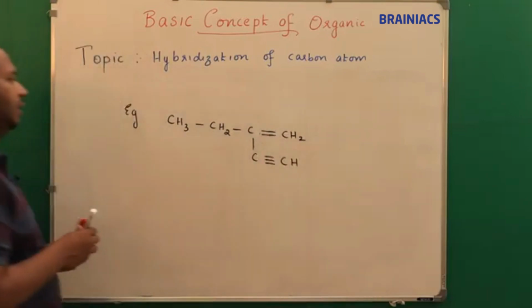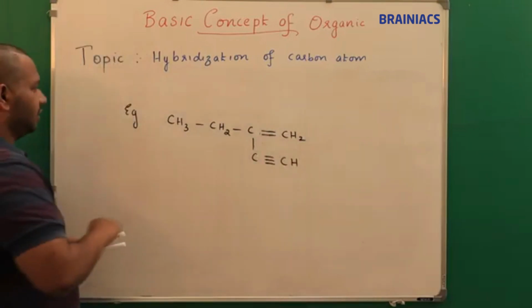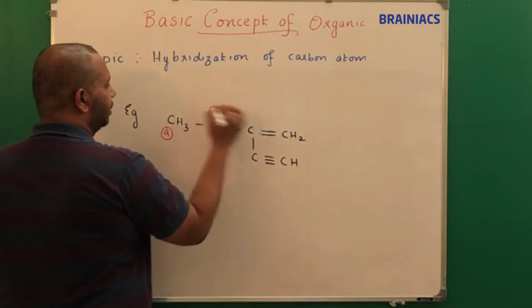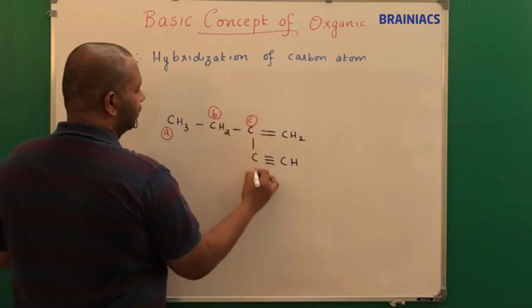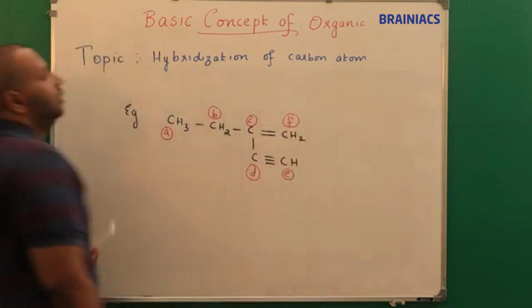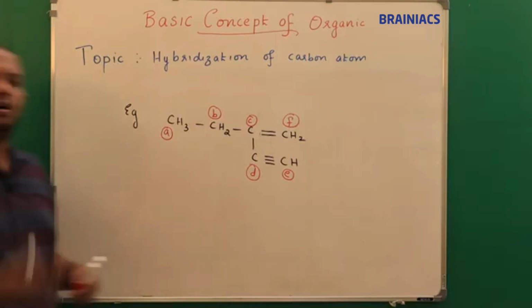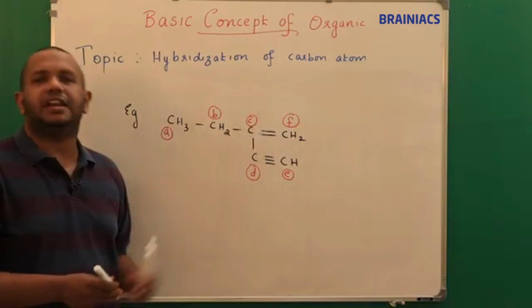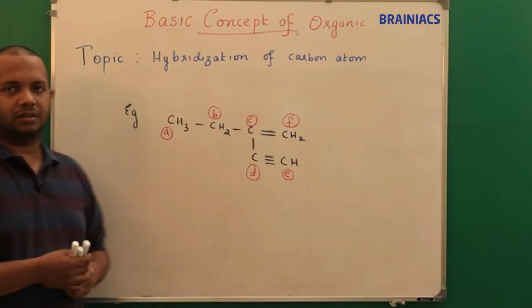Now let me call this carbon atom A, this carbon atom B, this carbon atom C, this D, this E, and this F. Now can you comment on the hybridization of the carbon atoms A, B, C, D, E and F? Like this they will ask in the question.